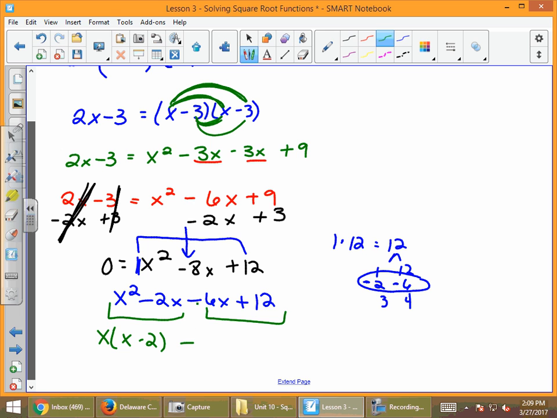Drop down that negative sign. And then what are we going to take out between 6 and 12? 6. And good, you're right, that's a negative 6, so what are our leftovers going to end up being? x minus 2, because that GCF is technically negative, so that means the middle sign is going to change to the opposite. We want it to go from plus to a minus.